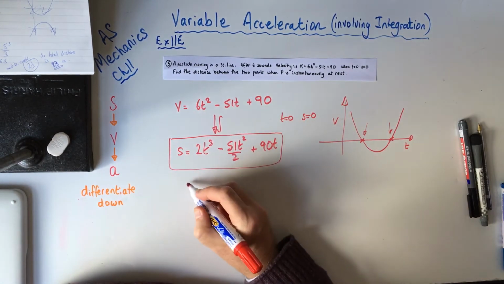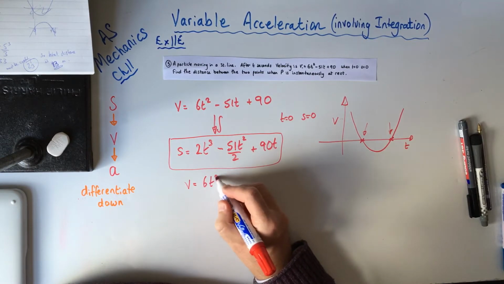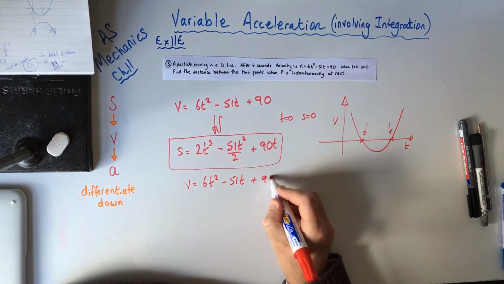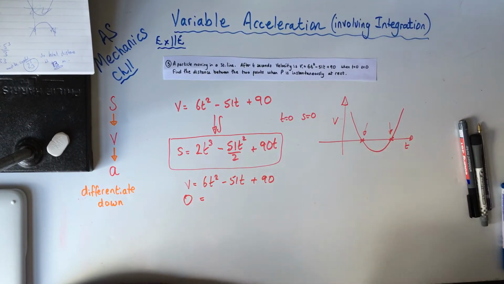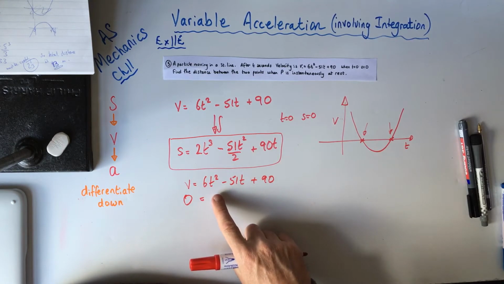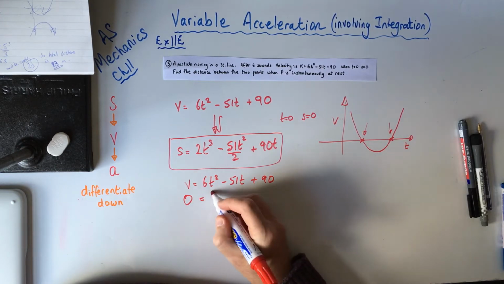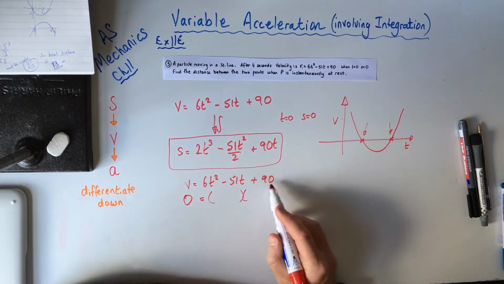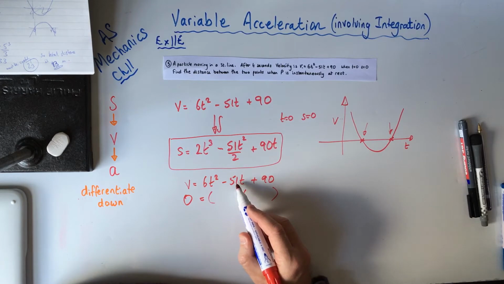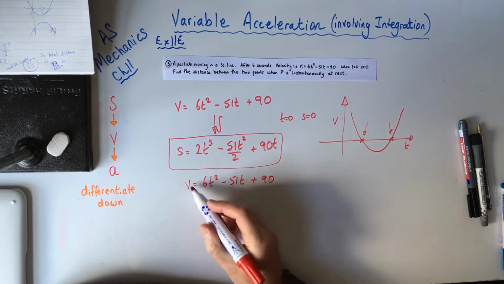So the velocity is equal to 6t squared minus 51t plus 90. Now to find the roots of this equation, we're just putting it equal to 0, aren't we? And then we're just factorising this. Actually, I can see that 51 is 17 times 3, so before I factorise it, I'm going to divide everything by 3.